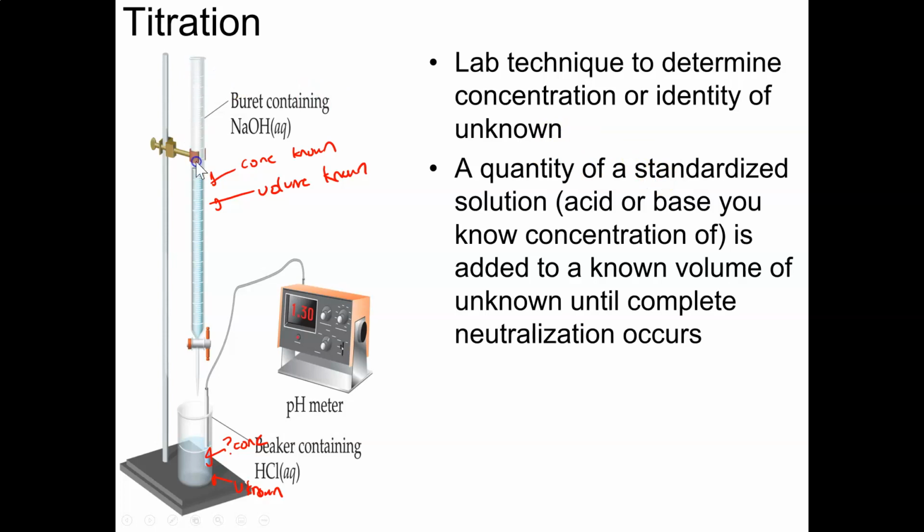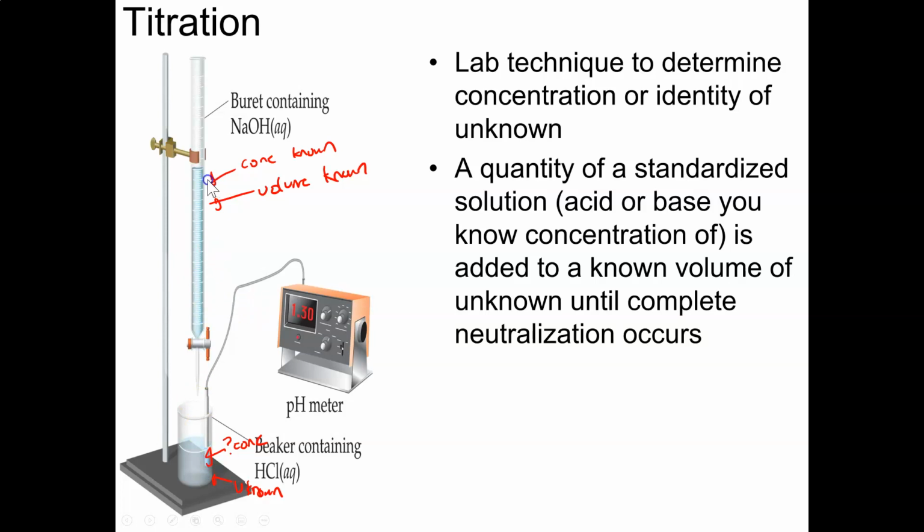The standardized solution basically means the chemical you know the concentration of. Whatever you put in the burette is called the standardized solution, which is just saying that you know the concentration that you put in there. That's all it is. Whenever you have the concentration and the volume that you added, you can get the moles of what you added. If I get the moles of what I add, I can theoretically figure out how many moles I have in here, and this is the way it works. At the equivalence point, the moles of this chemical is equal to the moles of this chemical.